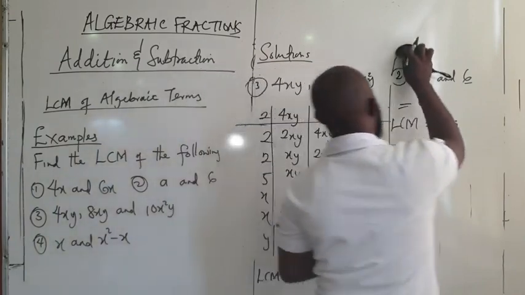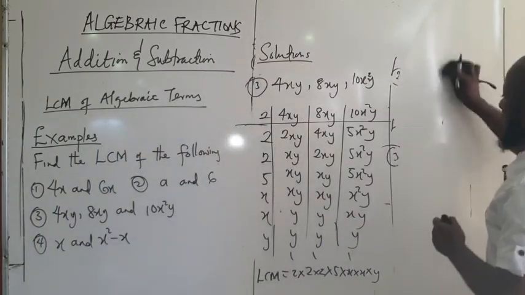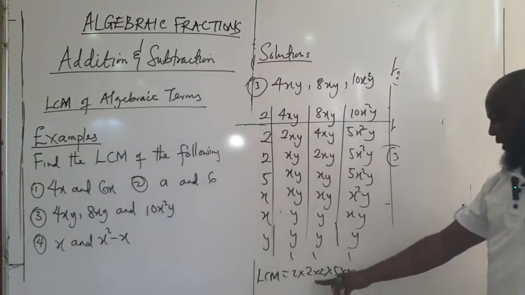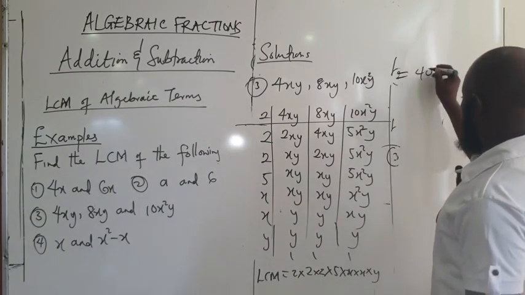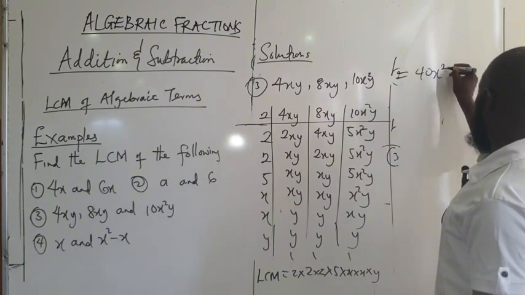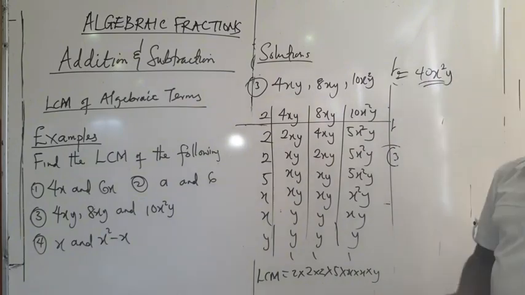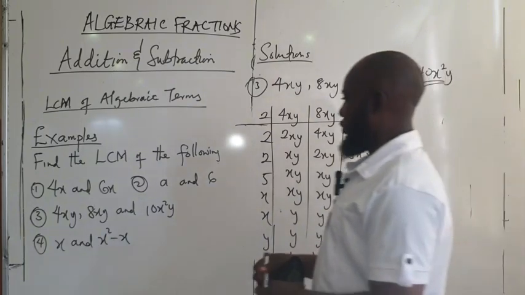So which will give us 2 times 2 is 4, 4 times 2 is 8, 8 times 5, that is what? 40. 40 x squared y. Now, is that clear? So that's how to do this number 3.